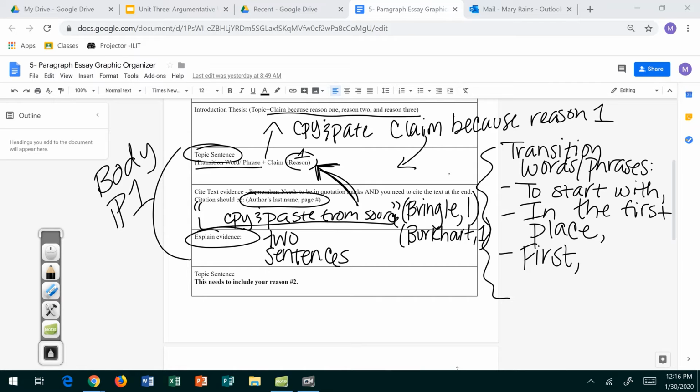And so I always say that you should start the explain evidence with this shows or this means. And you're coming up with 2 sentences explaining what that evidence shows and why that supports your claim.